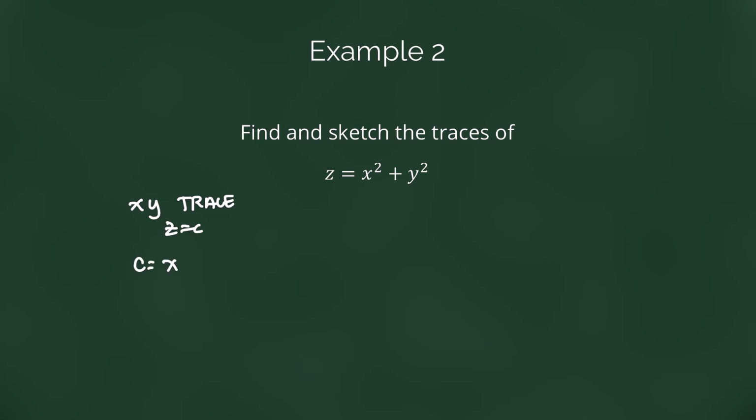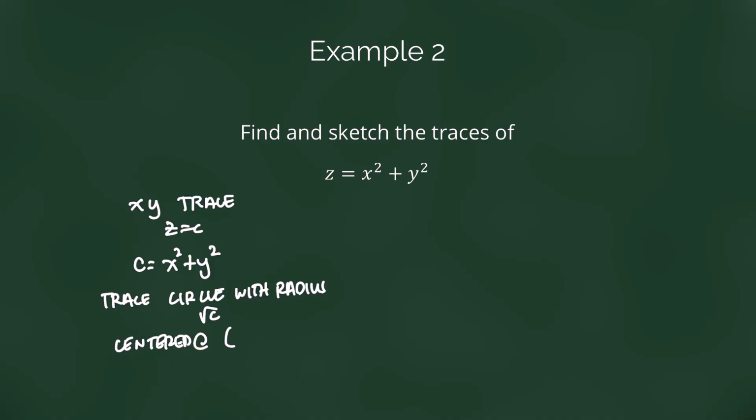So if z is equal to c, then we know that the trace is going to be a circle with radius square root of c, centered at x is 0, y is 0, and z is going to be c.